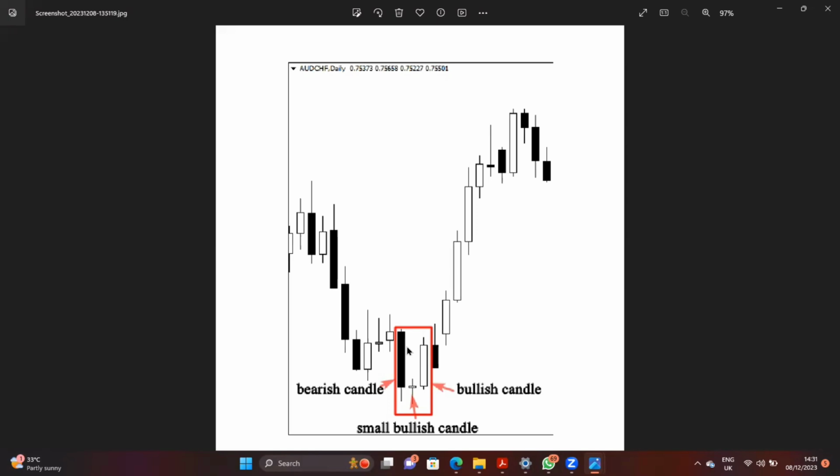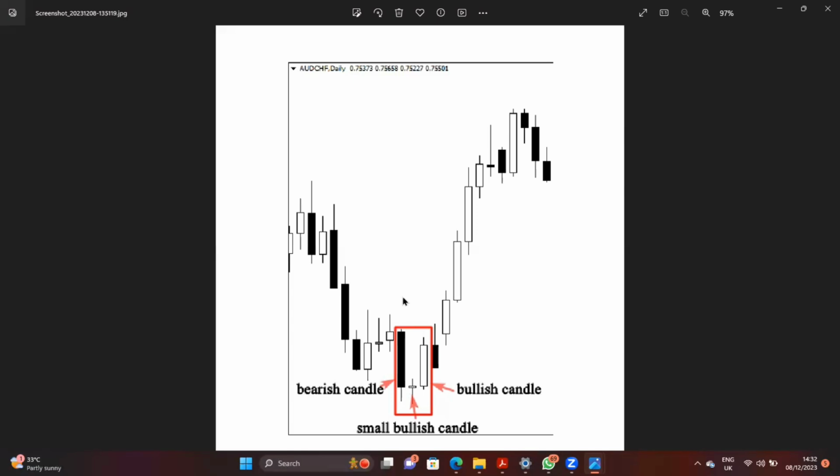As you can see, the pattern occurred in an obvious bearish trend. The first candle, this candle that is formed, confirmed the seller's domination. The second one produced indecision in the market. The second candle could be a doji or any other candlestick; it just doesn't matter.